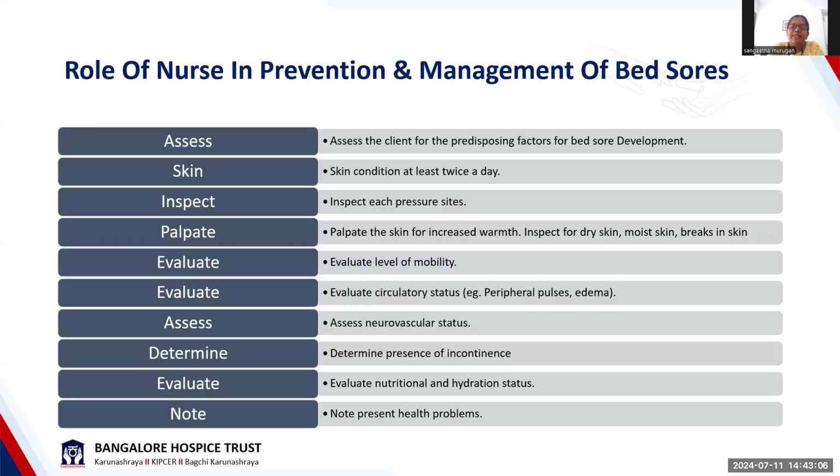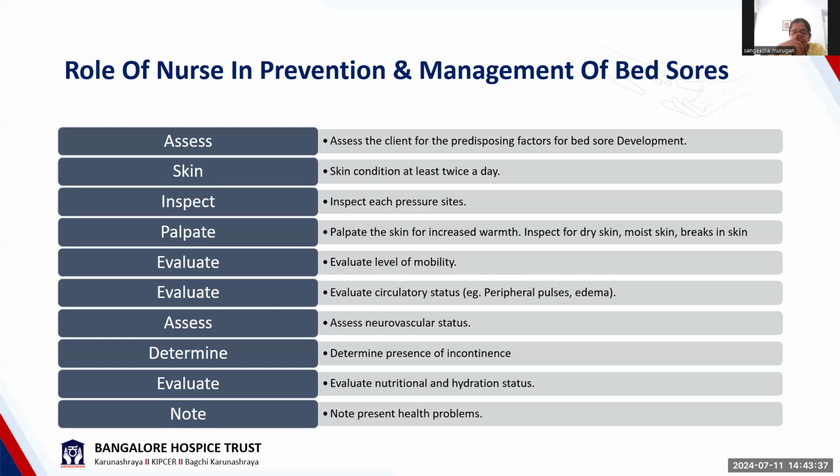So your role as a nurse, the first thing, is assess. I'll keep on telling: it's not that the assessment is done. Assess, reassess, reassess. That's why daily assessment is very important. Before you start the rounds, do the assessment properly. Touch the patient, look at the skin, give skin care twice a day, inspect the skin area, check and see if there are any changes in the skin, and palpate, touch and see if there is edema or dry skin.